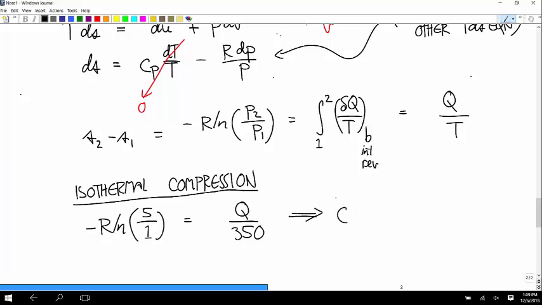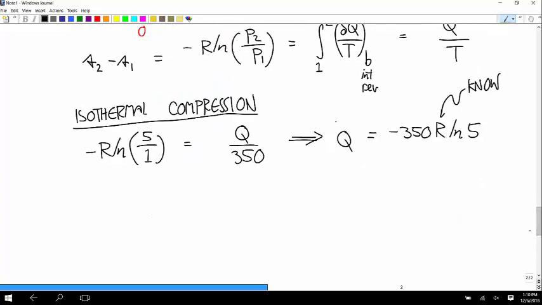And so Q is equal to negative 350 times R times natural log of 5. We know this R. Okay, so we know the heat transfer for the isothermal compression.